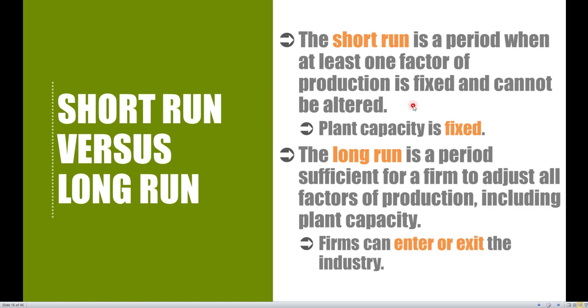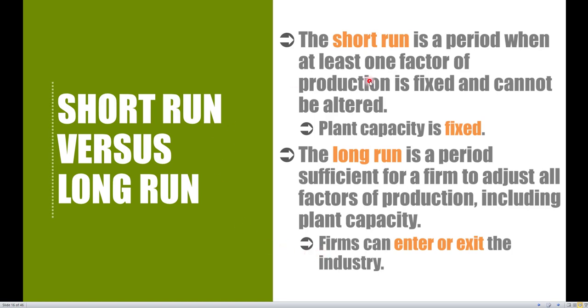And if one of our variables is fixed, we know that we're taking a look at the short run. The long run is a period sufficient for a firm to adjust all factors of production, including plant capacity, meaning that everything is seen as flexible. So plant capacity is flexible, wages are flexible, the amount of workers are flexible, and firms can actually enter or exit the industry in the long run as well.